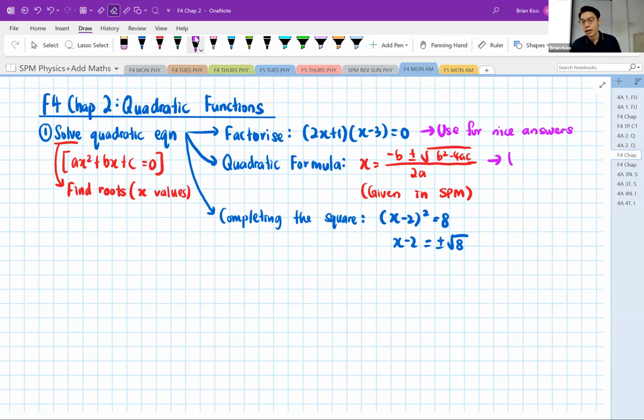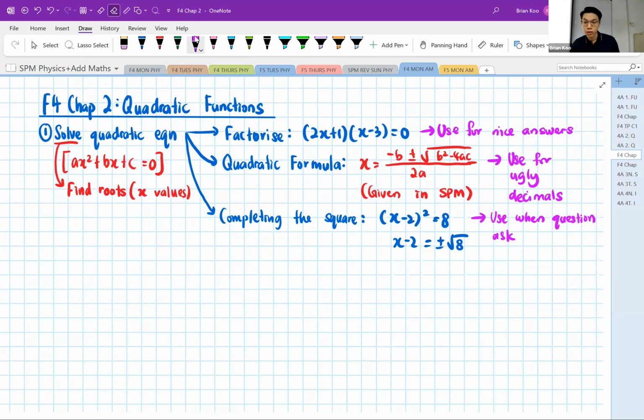This one, I use for the ugly decimals. This one, I use only when the question asks me to, because completing the square is very troublesome.